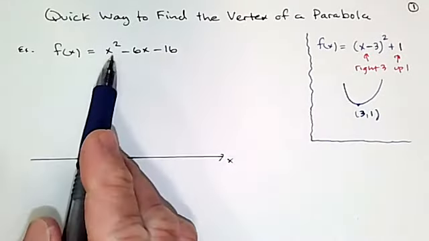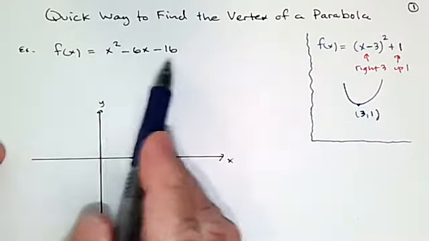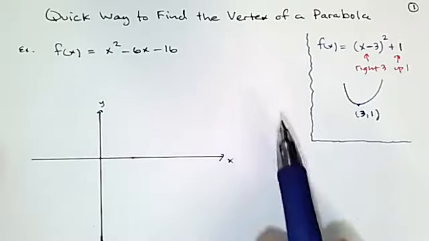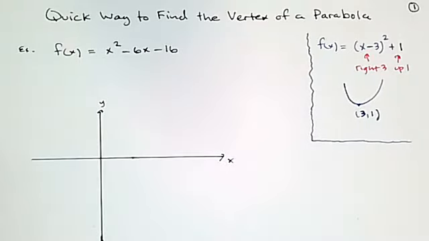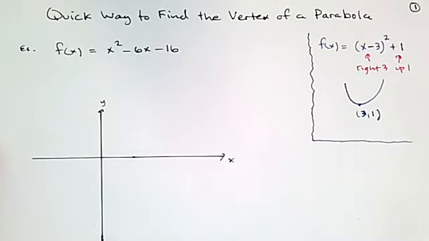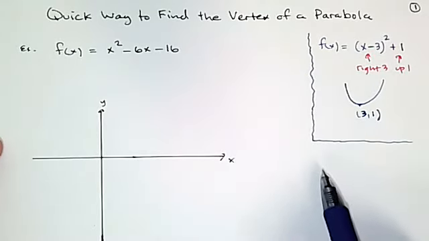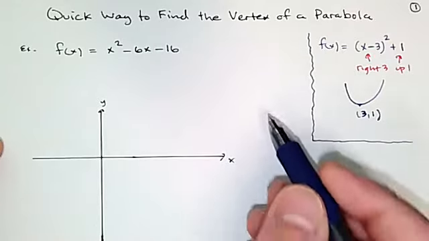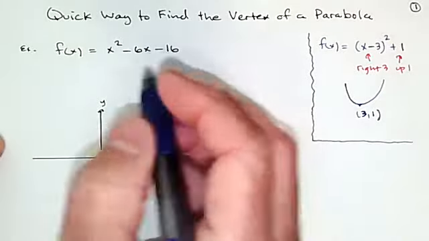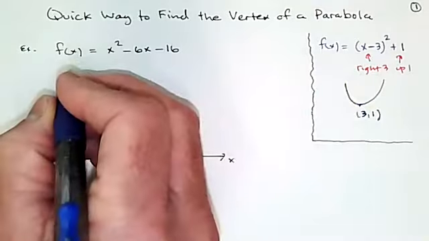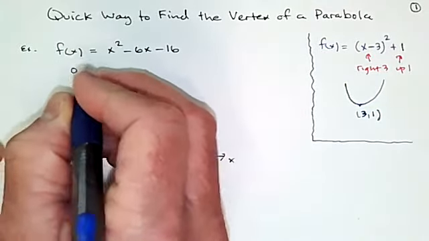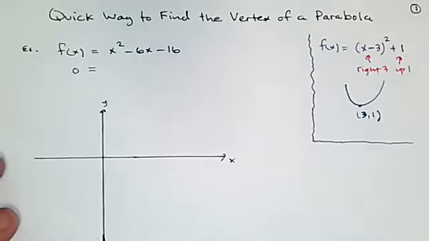But a lot of times your parabolas are written like this, where it's all multiplied out. And so there is a nice quick method to find the vertex of this. The way I'm actually going to start this, which is going to lead into my method, is I'm going to find the x-intercepts of this parabola. And remember, to find my x-intercepts, I'm always setting y equal to 0.